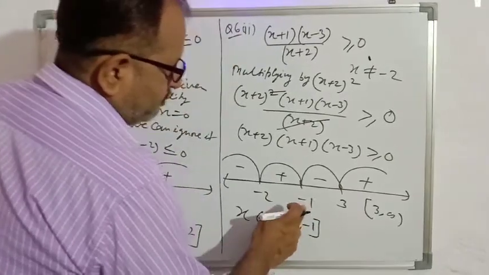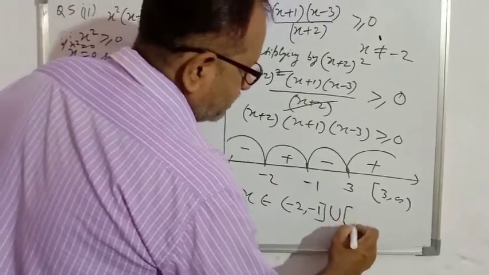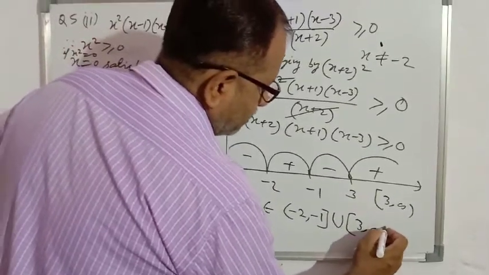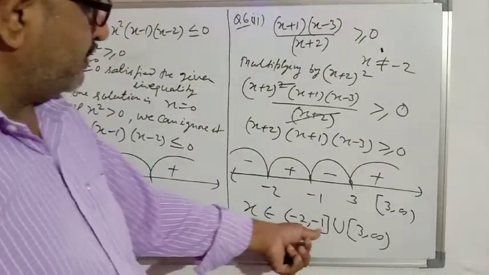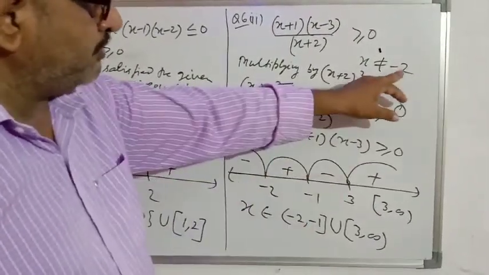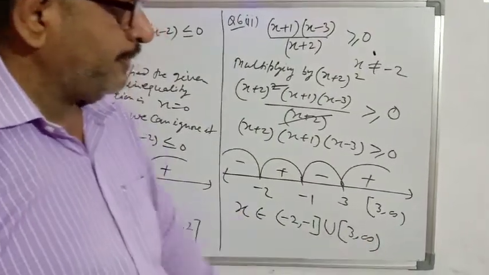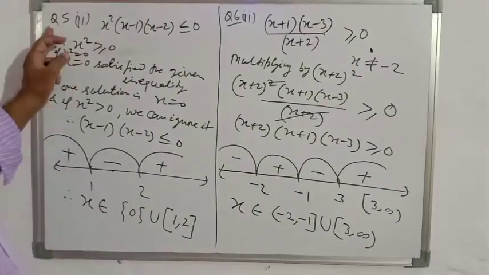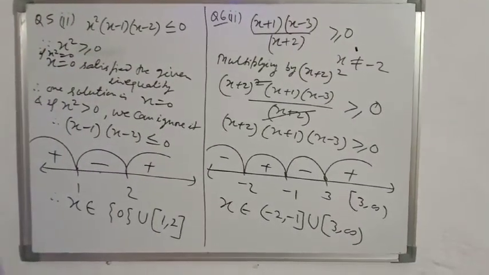Minus 1 we have to take, so put the closed interval sign, union 3 to infinity. So x will lie in this interval: minus 2 to minus 1. x cannot be minus 2, so we put an open interval sign here, and 3 to infinity. So it was question number 5, second part, and 6th, second part. We will see some more questions.